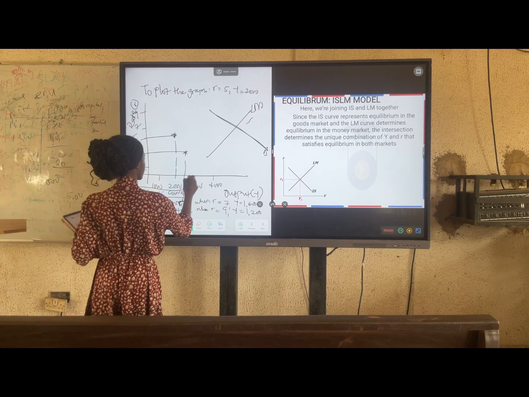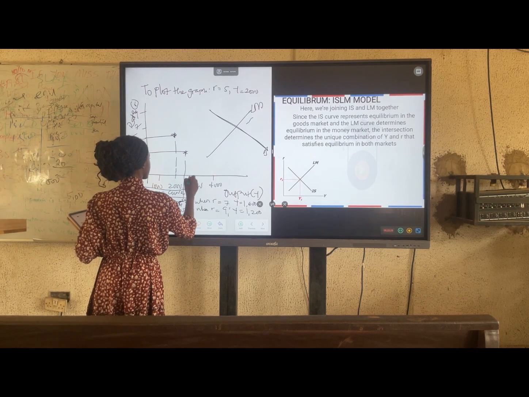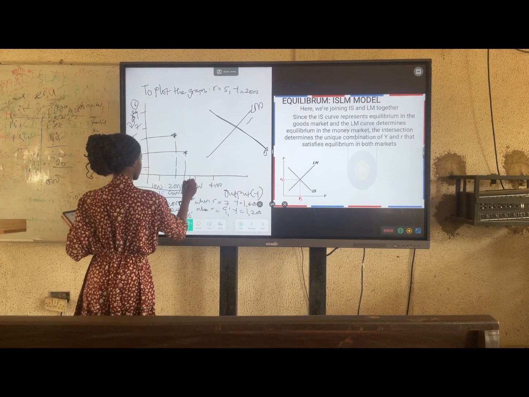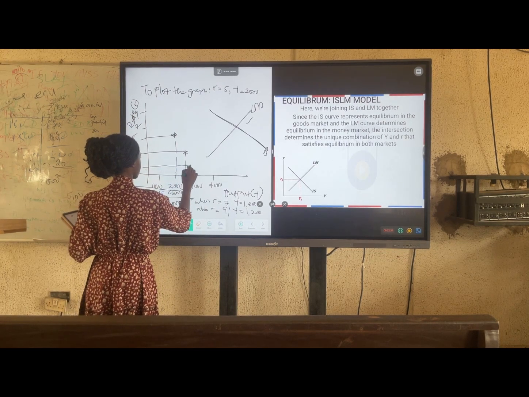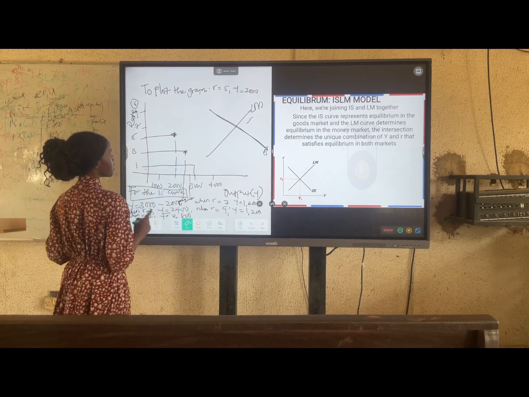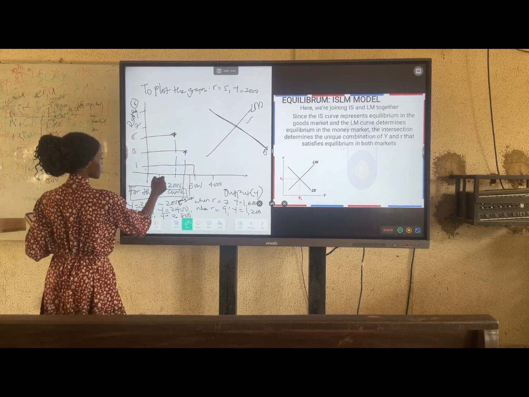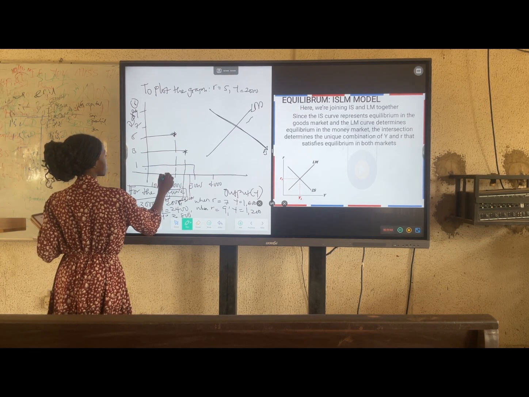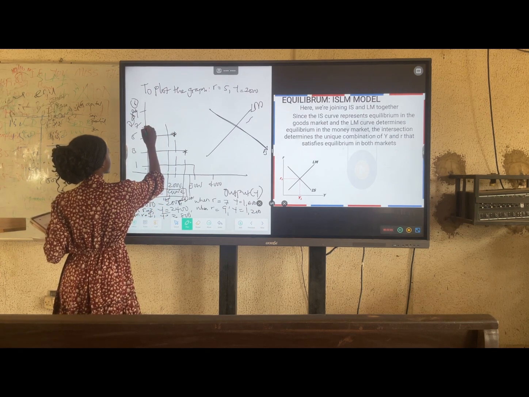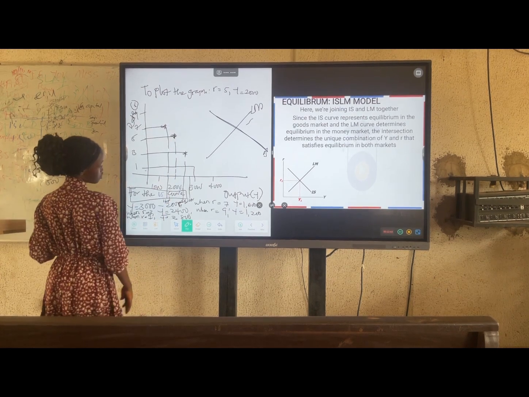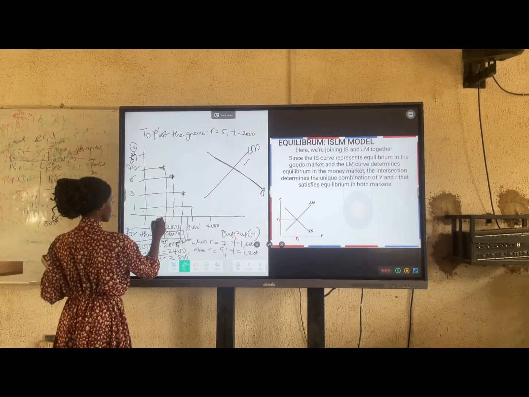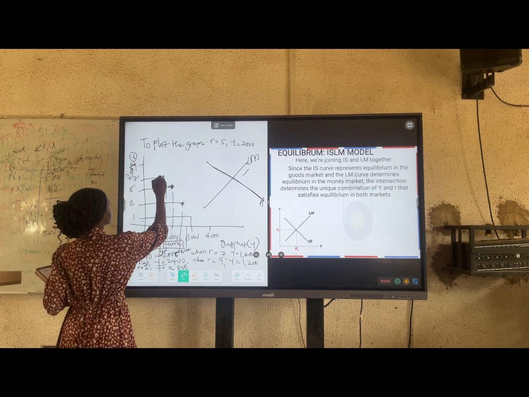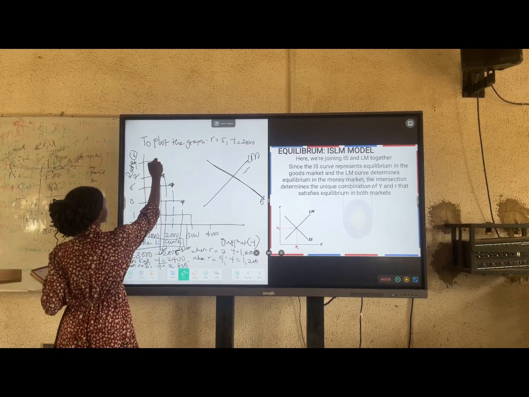When R is 7, we have our Y to be 1600. When R is 9, we have our Y to be 1200. So we're going to be plotting our IS curve using that.